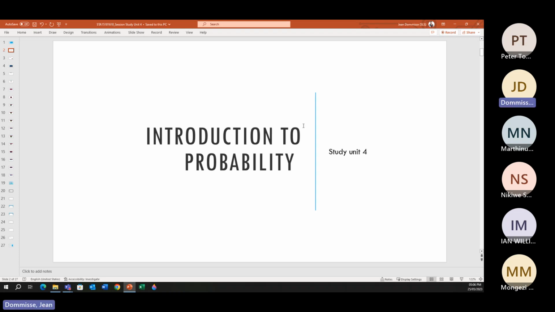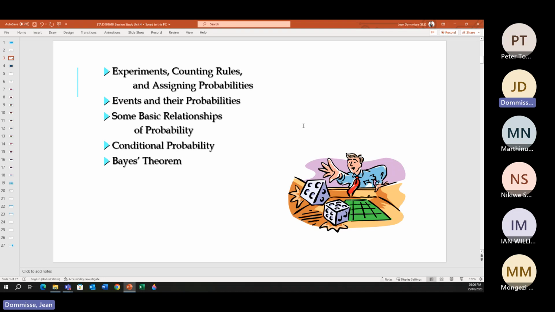The first thing when we talk about probability, and we'll get to some of the definitions in a while, and then into examples, is that probability is telling you the chances of something happening.